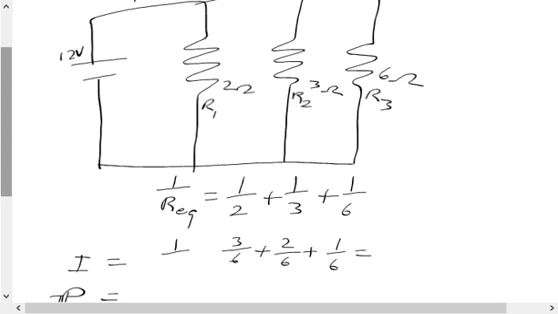And don't forget that's equal to 1 over the equivalent resistance. And so this is going to give me 6 over 6, right? So this is equal to 1. So 1 ohm is the equivalent resistance. Well, isn't that convenient? I actually didn't mean to make it quite that nice, but it works.